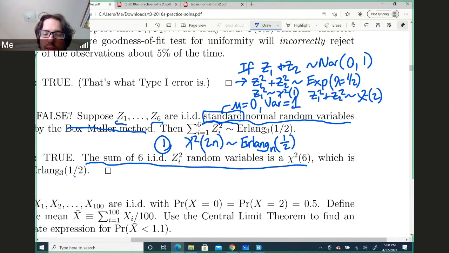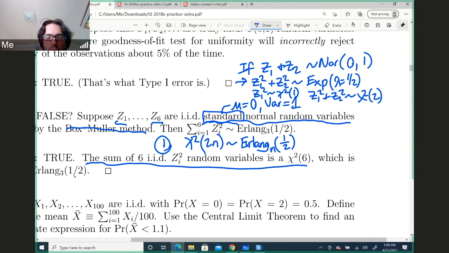However, in our case, we actually have Z1 squared plus Z2 squared plus Z3 squared plus Z4 squared plus Z5 squared plus Z6 squared, which is equivalent to saying we're adding up 3 variables that are exponential with lambda equals 1/2.